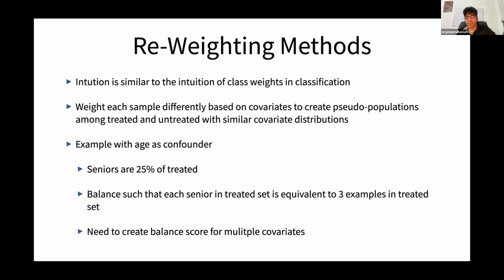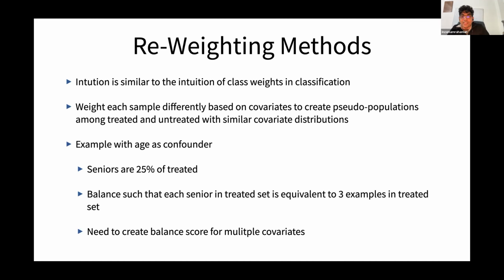So one method, and this is probably the simplest, would be these reweighing methods. For those of you who've ever had the pleasure of working with an imbalanced classification data set, these methods would seem similar to you in terms of the intuition of how they work. The idea is that you reweigh different samples based off of their propensity to be treated.